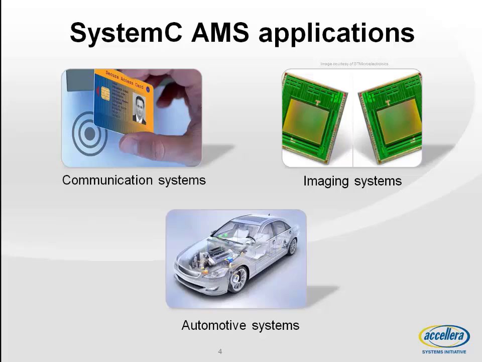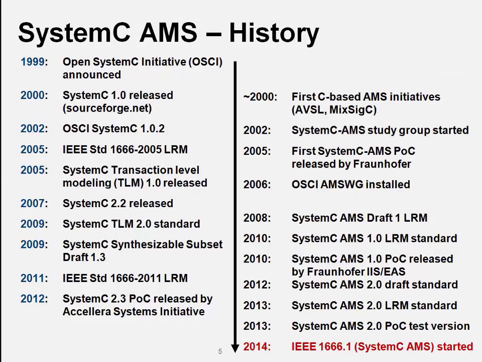Some history on SystemC and SystemC AMS. I think the left side is well known to you. SystemC has been there for more than a decade, and in the early days we are talking about 98 to 99. If you look at the AMS extensions on the right side, it has a similar type of track record. Not many people are aware of that. Many people think it's a new language, still in its early phase. I would say not at all.